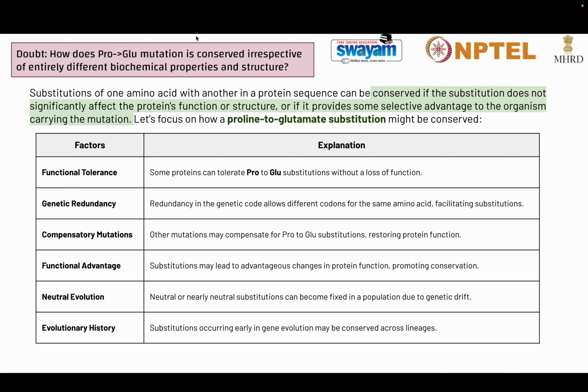But in that table, one thing which was a little weird was that proline to glutamic acid mutations were referred to as conservative. So the question was that both of them show entirely different biochemical properties, so how is this mutation referred to as conservative?